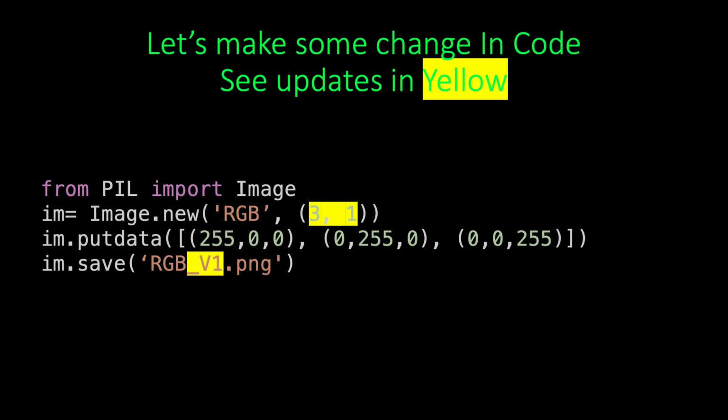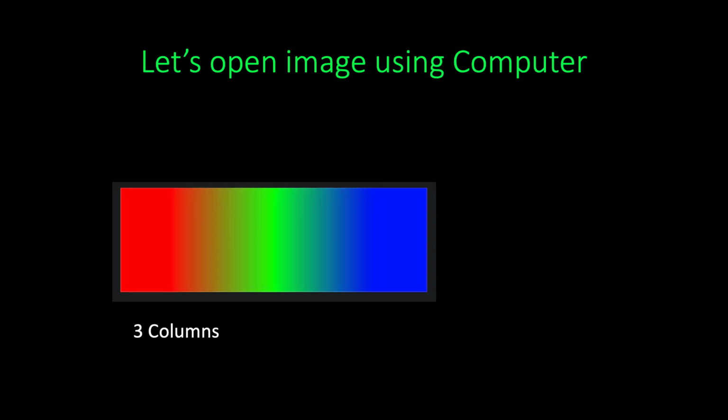So the first is 255, 0, 0 in RGB, then 0, 255, 0, where the red is 0, the green is 255, the highest possible value, and blue is 0. So once we open this image, what are we going to see? We will see 3 columns and 1 row, 3 pixels. First pixel is red, second pixel is green, third pixel is blue.